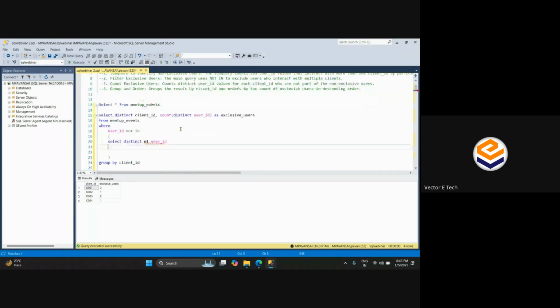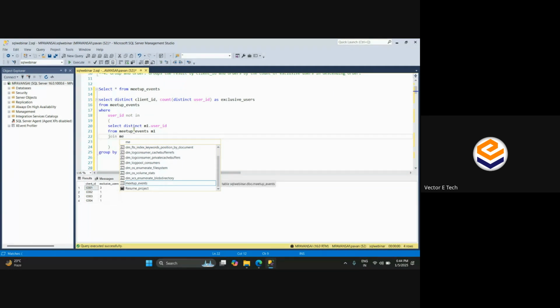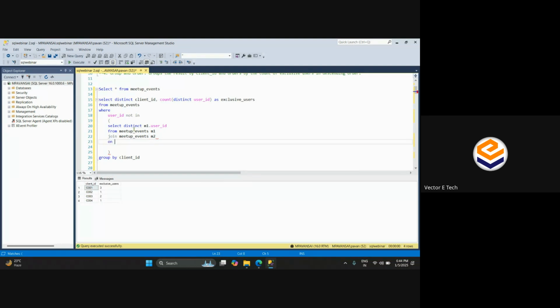I hope you understand the self join, where we call the same table again as M1 and join the same table, which I'll call M2. On what basis? M1 dot user underscore ID is equal to M2 dot user underscore ID. What is one more condition? M1 dot client ID is not equal to M2 dot client ID. Is this the condition which they have asked?